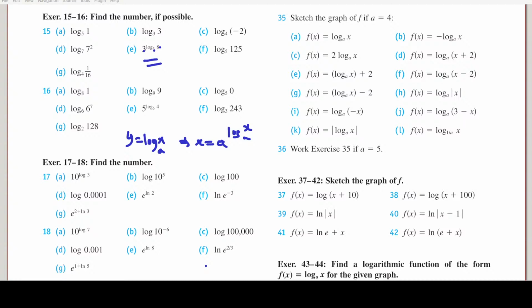Okay, can you see this? This is log x to the base 2. This is exactly the inverse of this function.